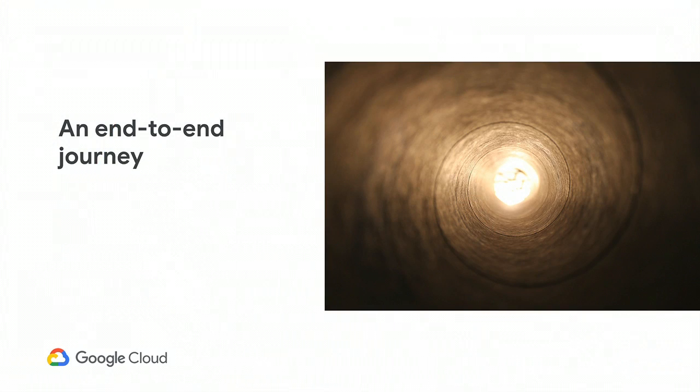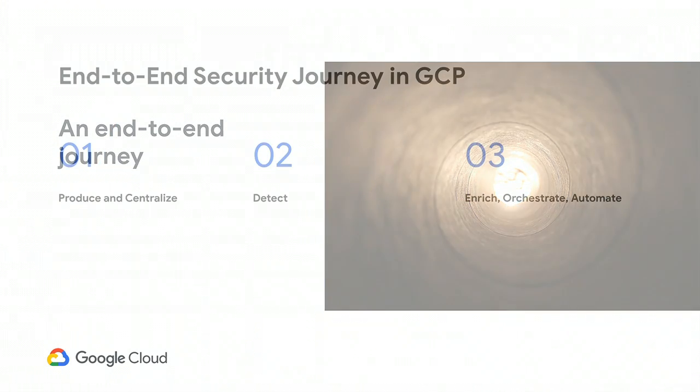And we can talk about that too. So ETD, Event Threat Detection, is a streaming logs processor to detect bad things in your log data at Google scale using our threat intelligence.